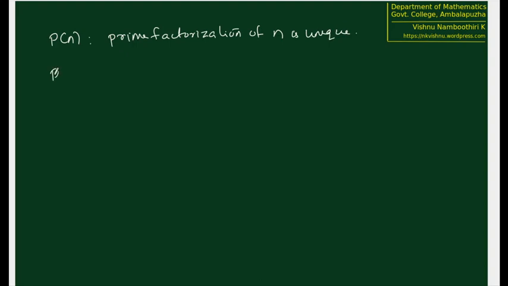We know that P of 2 says that prime factorization of 2 is unique, but prime factorization of 2 is just 2. 2 can be written in only one way as product of primes. This is not actually a product of primes, but we may say, if you want, that it's a product of just one prime. So P of 2 is true.